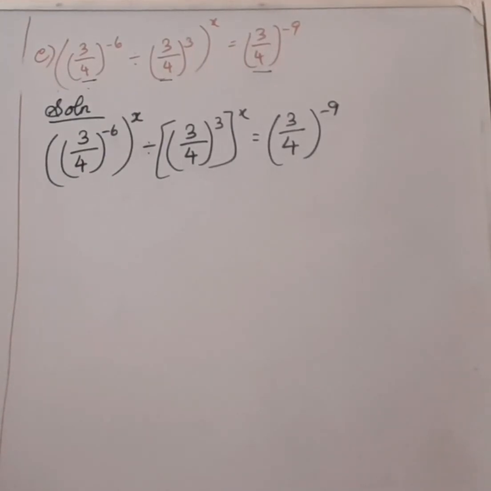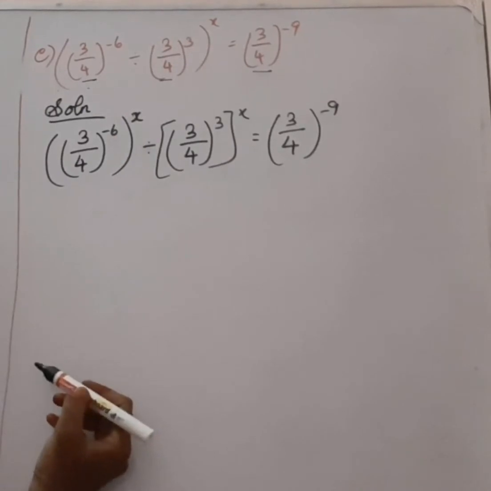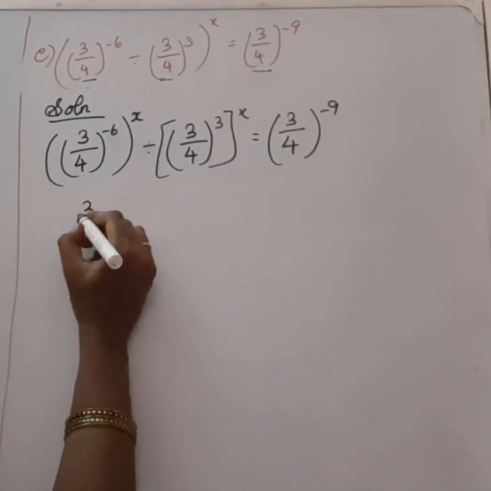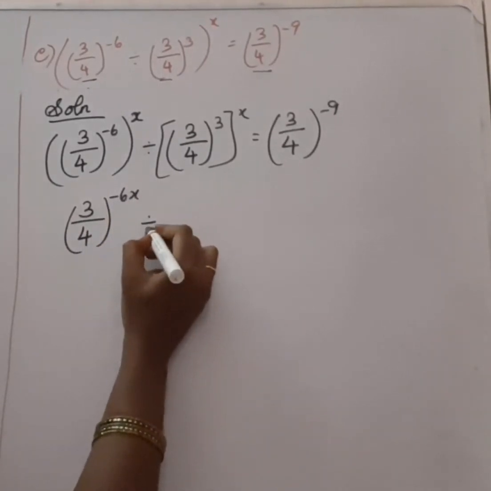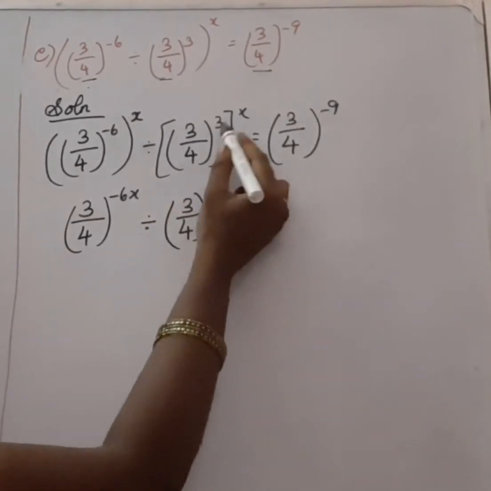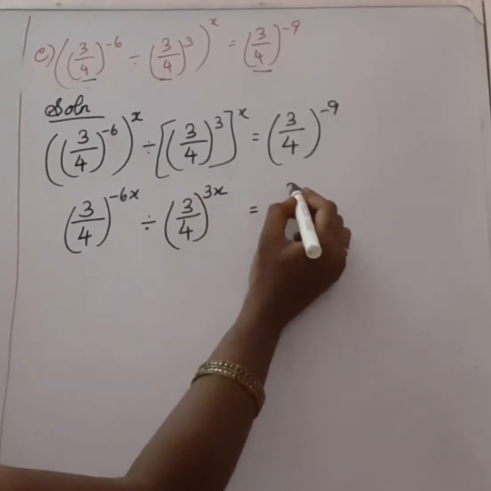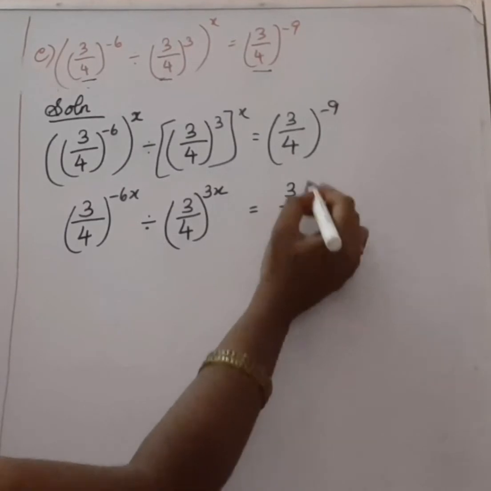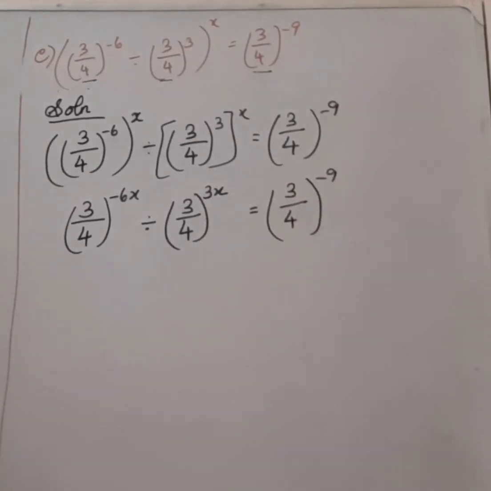Very good. We want to do the multiplication. So if we multiply minus 6 and x, what's the answer we get? Very good. It is 3 by 4 the whole power minus 6x, divided by 3 by 4 the whole power 3 into x, we get 3x, equals 3 by 4 the whole power minus 9.